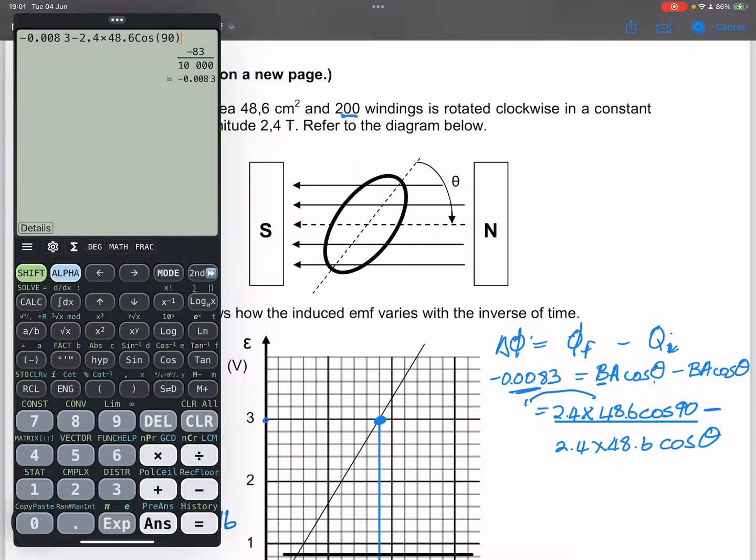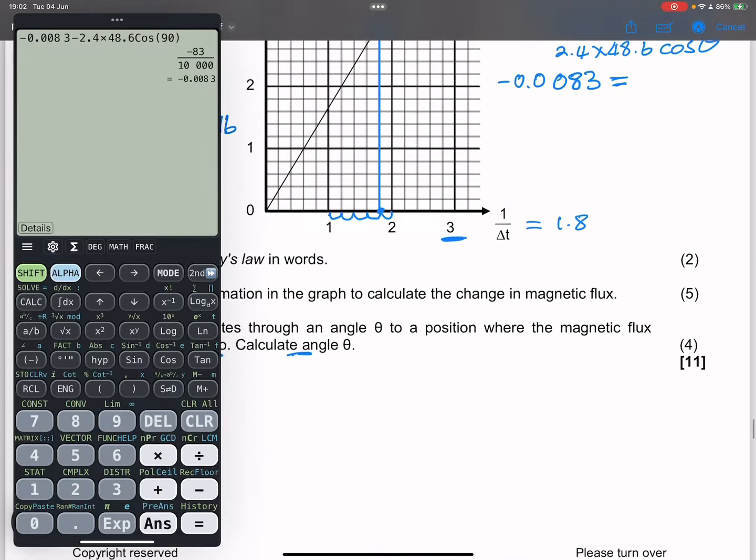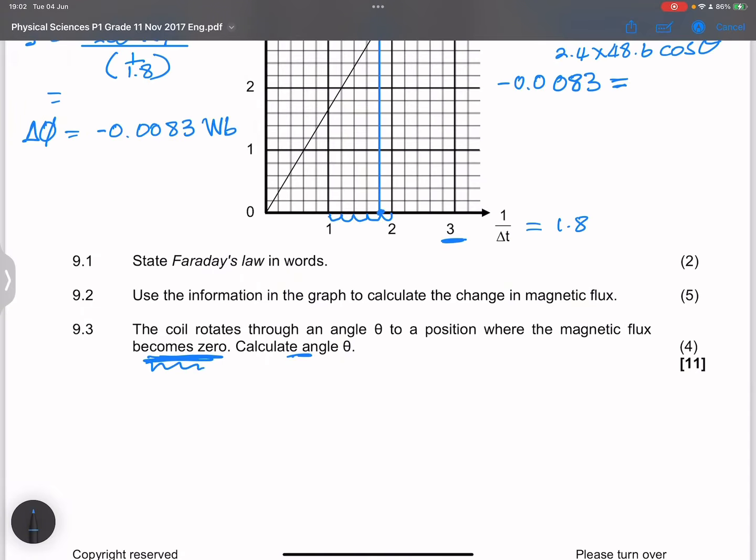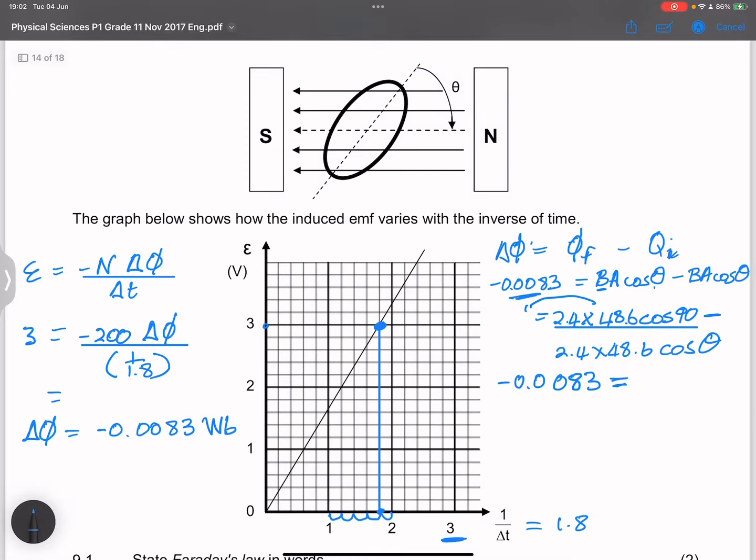So that means that becomes 0. So we've got negative 0.083, right? Which is equal to, and it makes sense because remember they said that the magnetic flux becomes 0 there, right? So this is equal to, we've got minus, remember there was that negative sign there, 2.4 times 48.6, the cos of angle theta.